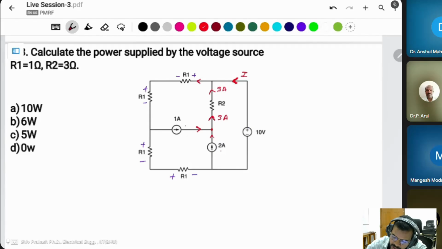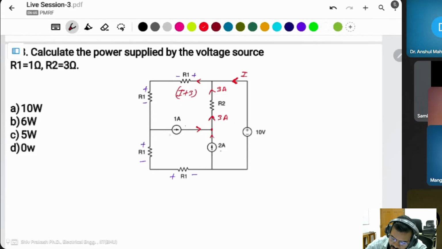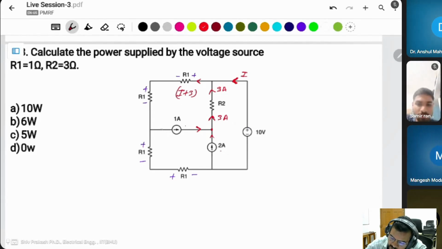Then 3 plus I, or I plus 3, anything you can write. But 1 ampere current is leaving from this one. Then I plus 2 ampere. After this one, 2 ampere is also leaving. Then only I is from this one.